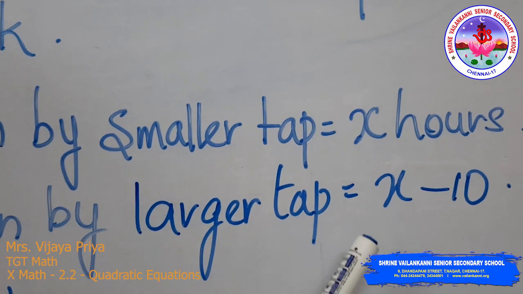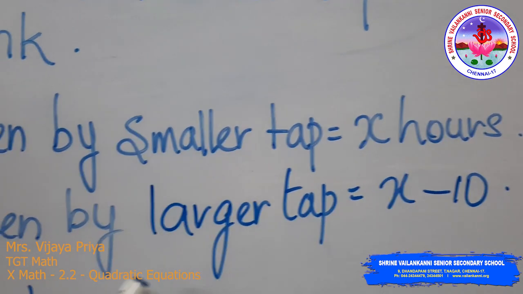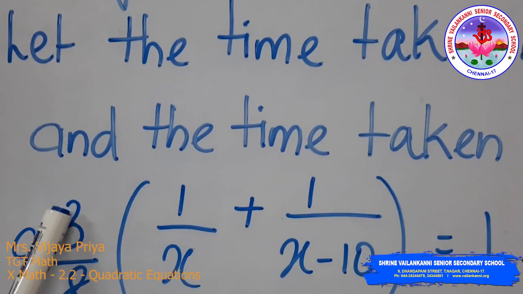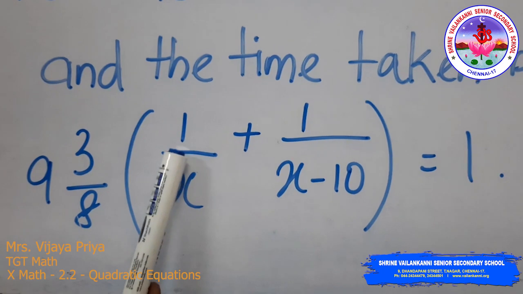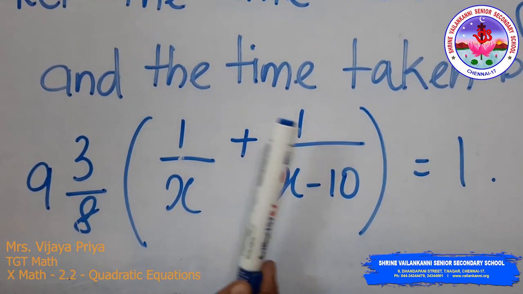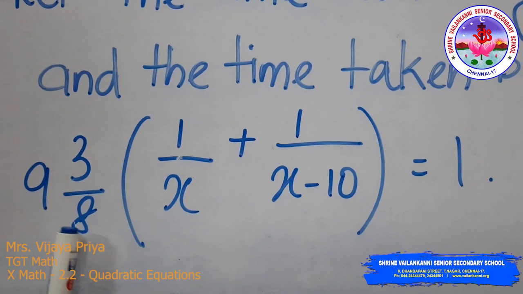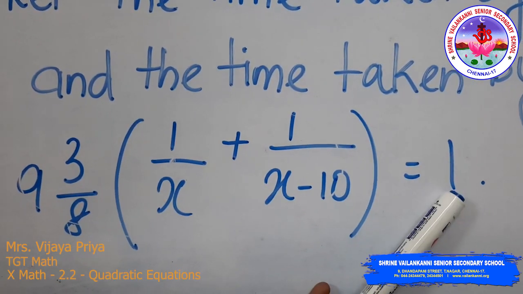So the work done by the smaller tap and the larger tap to fill the tank is 9 3 by 8 hours into the combination of 1 hour work of smaller tap and larger tap into 9 3 by 8 hours will be the total work done to fill one full tank.